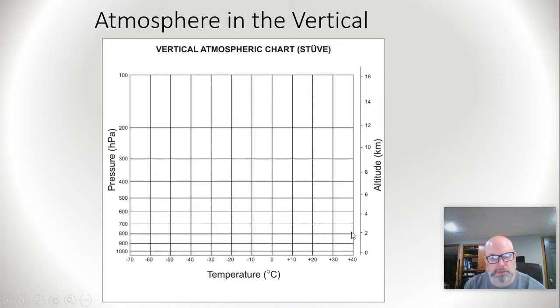So if you notice some crazy things about this graph, one is that the lines are squished closer together. And that's because air pressure, if we remember, it's just a function of the amount of air above you. So as you go up, there's less and less air above you. So it's really squeezed down at the surface where gravity's pulling it tight.